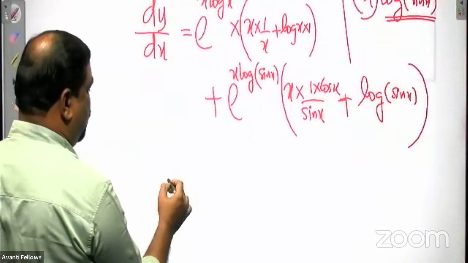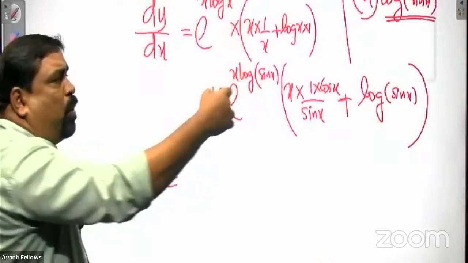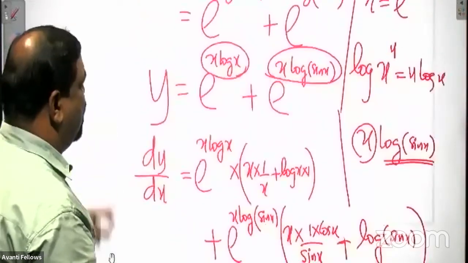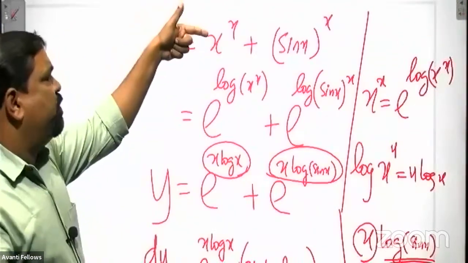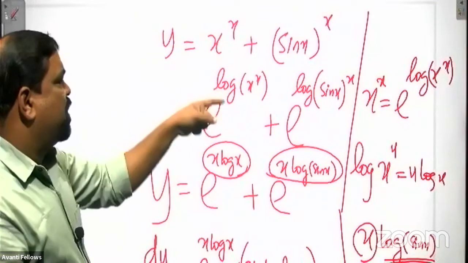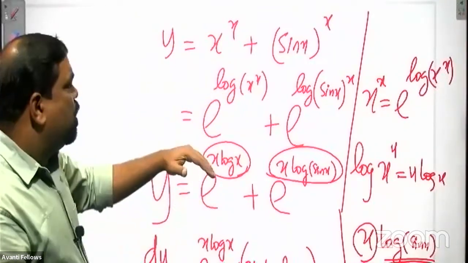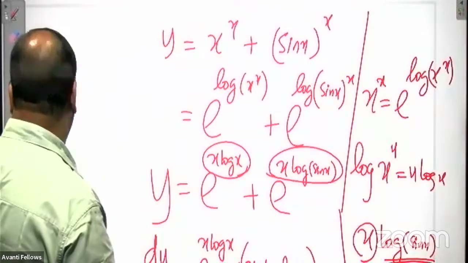So that is equal to, again, you go back. e raised to x log x is nothing but x raised to x only. We had written x raised to x as e raised to log of x raised to x, and that came as e raised to x log x. So reverse it: this is the same as the original term x raised to x.